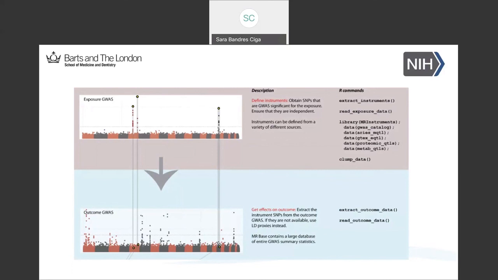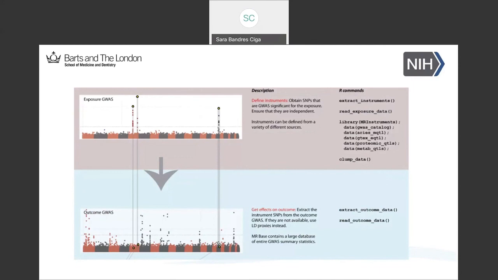So in terms of the bioinformatics scripts and the data that we are going to use, first we are going to use the exposure GWAS data, which is basically all the SNPs that are significantly associated at a genome-wide level, so at 10 to the minus 8, with uric acid, right? So we are going to take the uric acid GWAS, and we are going to extract those SNPs that are going to form our instrument.